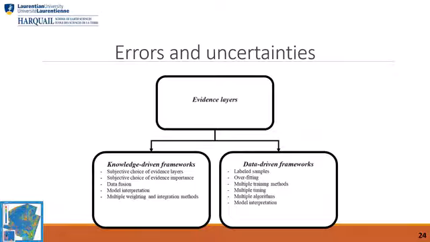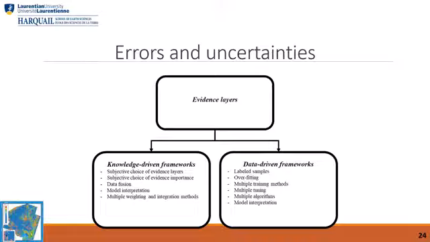So evidence layers, which are the topic of today's talk, we know for sure that they are some major sources of uncertainty, but with different types of frameworks, we also have different types of uncertainties. With data-driven or empirical frameworks, the problems are associated with our labeled samples, and the fact that we can have multiple training methodologies as well as multiple tuning methodologies.